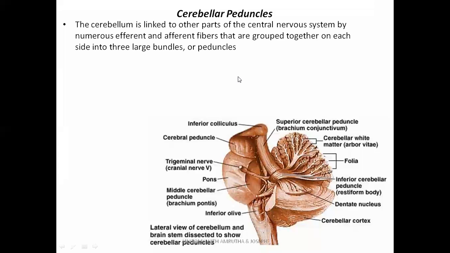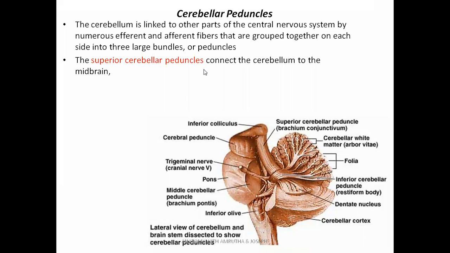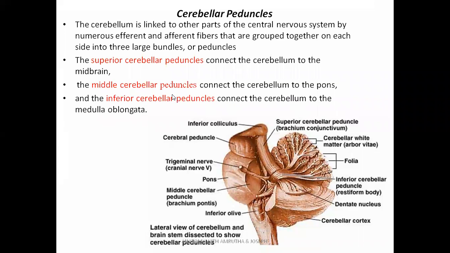That is the meaning of it. The superior cerebellar peduncle connects the cerebellum to the midbrain. This is what we just described. The middle cerebellar peduncle connects the pons to the cerebellum, and the inferior one connects the cerebellum to the medulla oblongata. So this is what we saw.